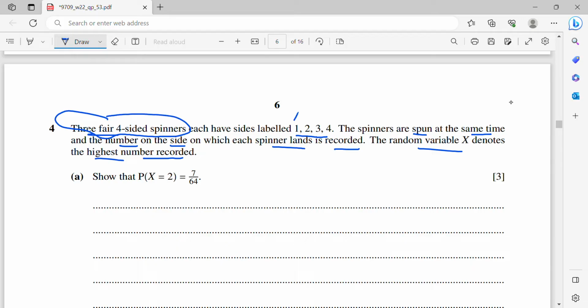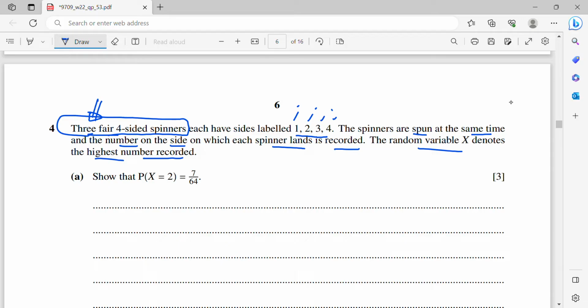Each spinner has 4 sides. Since it is fair, the probability of landing on each side will be the same, which is 1 over 4. Now x is the highest number recorded when you spin 3 spinners. So now show that P(x equals 2) equals 7 over 64.